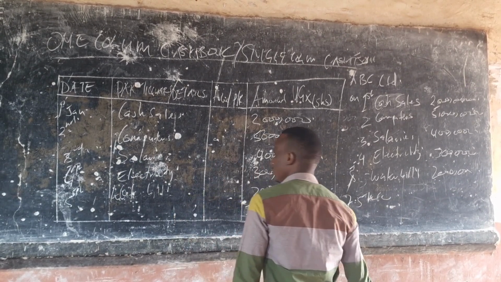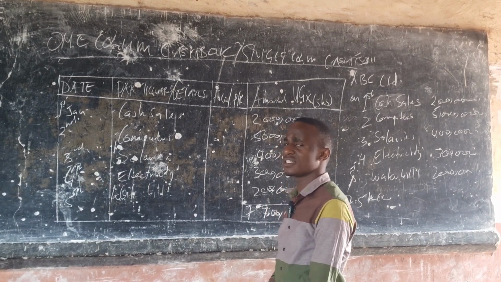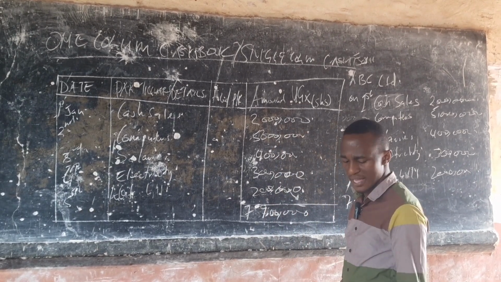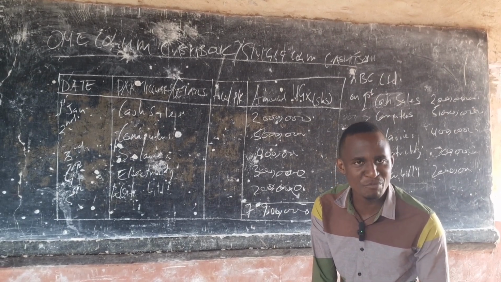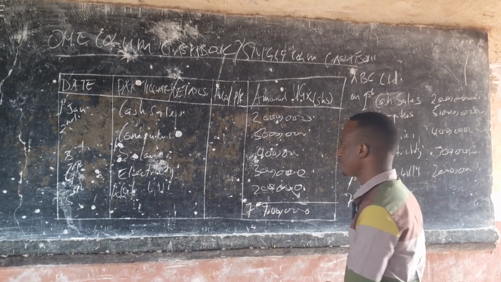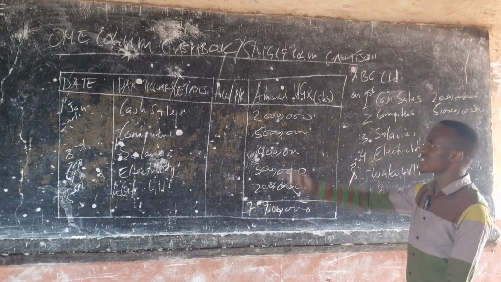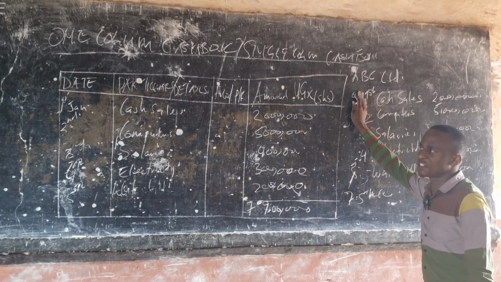That is the total. Unless otherwise, when I've calculated wrongly, feel free to comment. No man is an island. I stand to be corrected at any single time. Okay? So this is how we do a one column cash book.